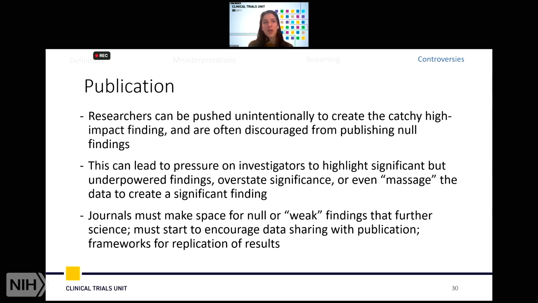And so, yeah, I think what you're talking about here is very relevant to the publication issue, and the pressure investigators feel to get that significant, less than 0.05 primary result for their paper.